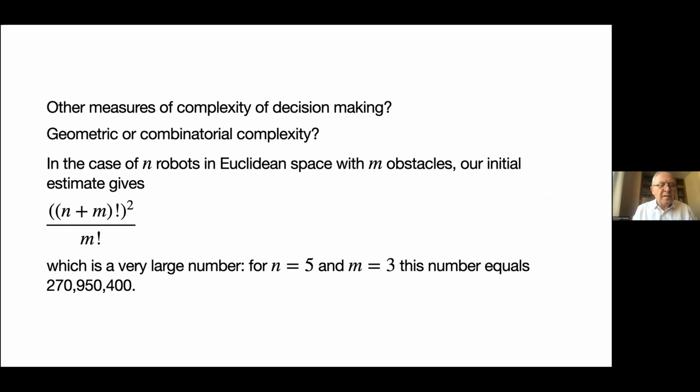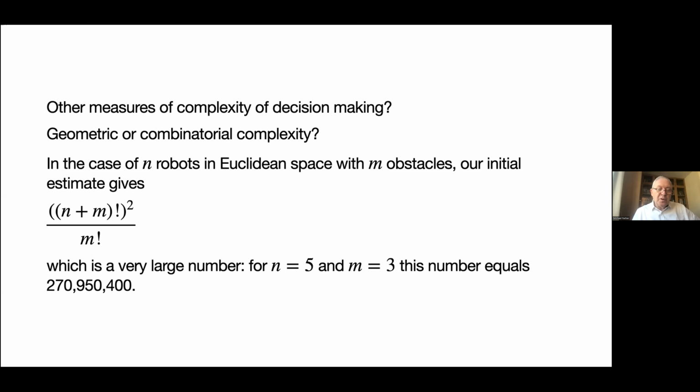I also want to mention that we have a specific algorithm which implements this idea and which is optimal in some topological sense. But in fact, this algorithm consists of dividing this configuration space into a huge number of domains, which are then combined, and it shows that they can be combined without creating discontinuities. The number of such domains is at least (n plus m) factorial squared divided by m factorial, and it's a really big number.